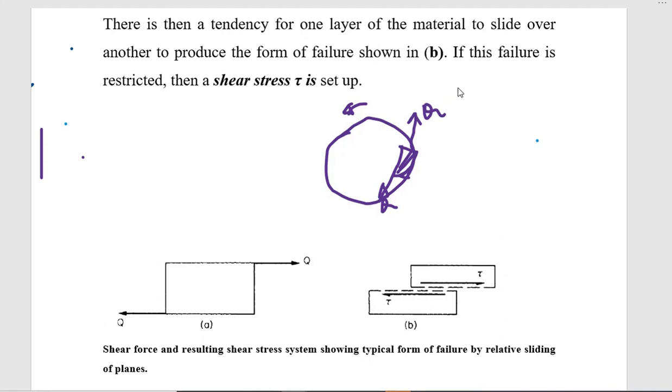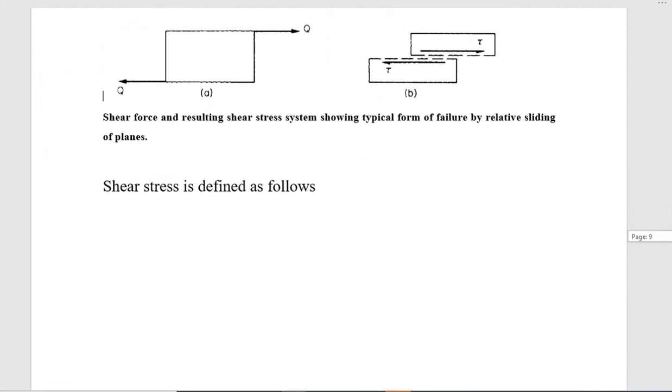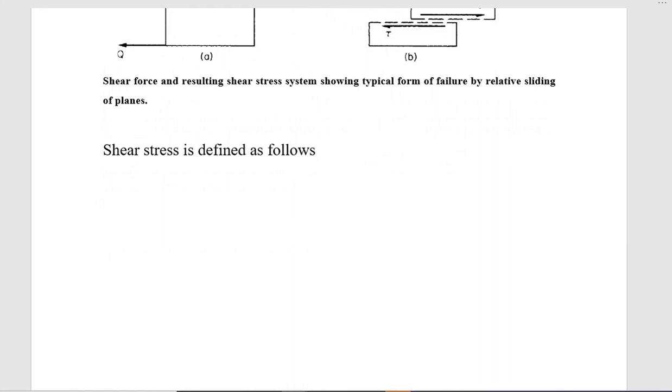Therefore, if this failure is restricted in one way or the other, then a shear stress is going to be set up. So if you restrict the failure of that block, then the shear stress is set up and this is given as tau.